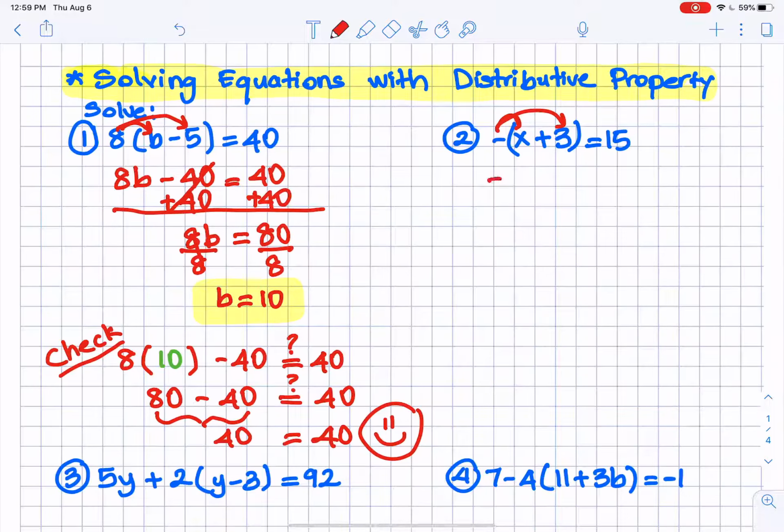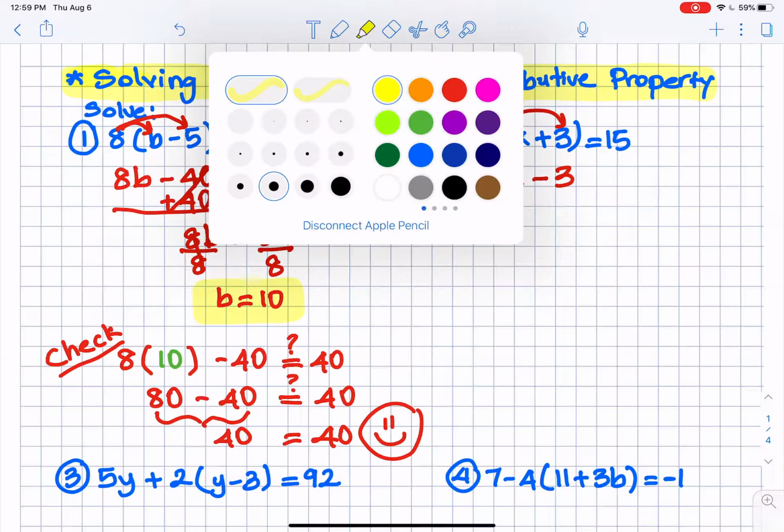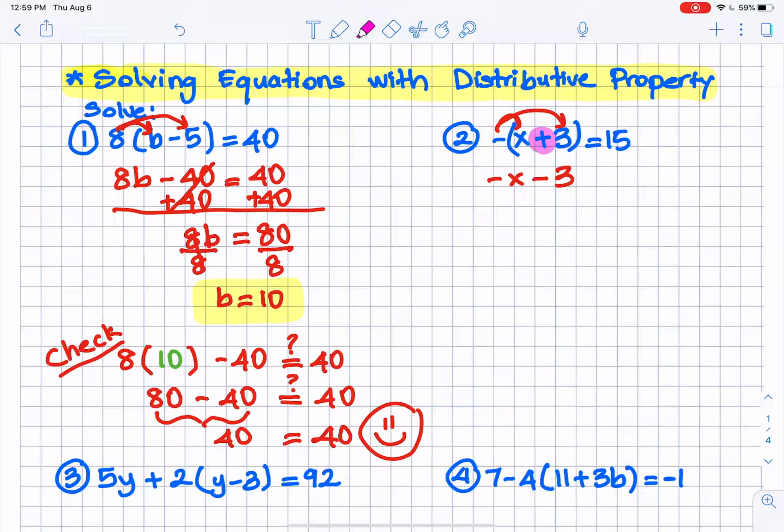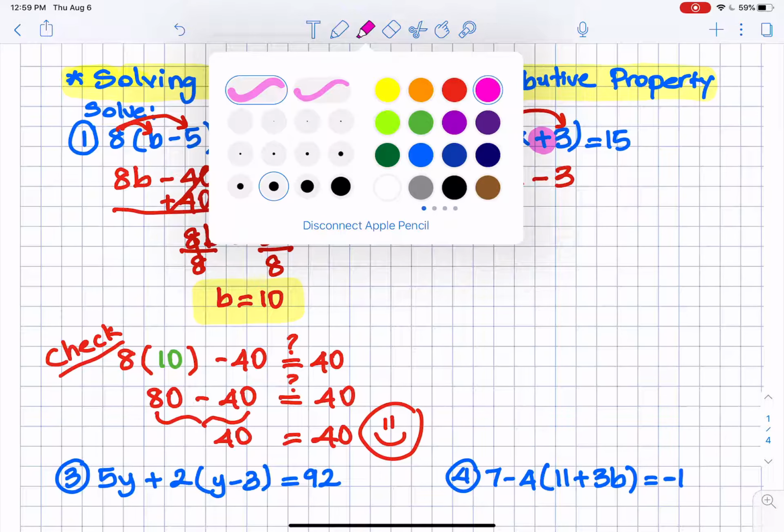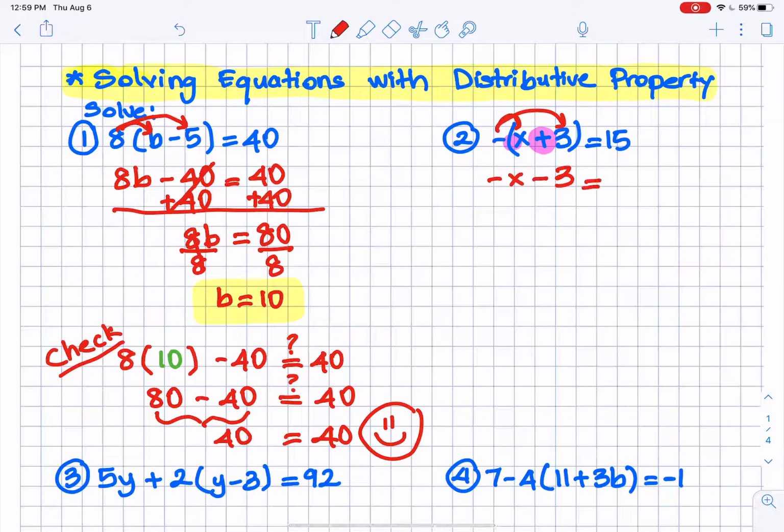Then it is going to be negative x minus 3, because the sign here is positive, and the sign in front of x is also positive, so their sign will change into negative signs. Then equals 15. I'm going to add 3 to both sides of the equation.